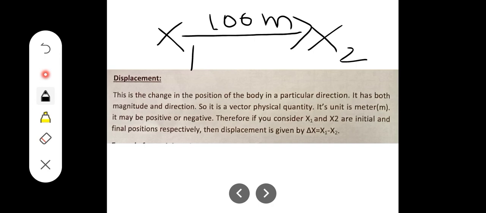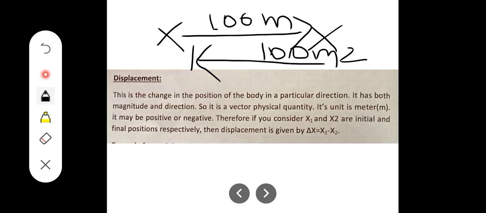And just imagine the bus returns back to x1 from x2. Again it travels a path length of 100 meters. If I ask what the total displacement in the whole journey of the bus is, what you have to answer is 0, because it moves from x1 to x2, 100 meters, and again returns back to x1, covering 100 meters.